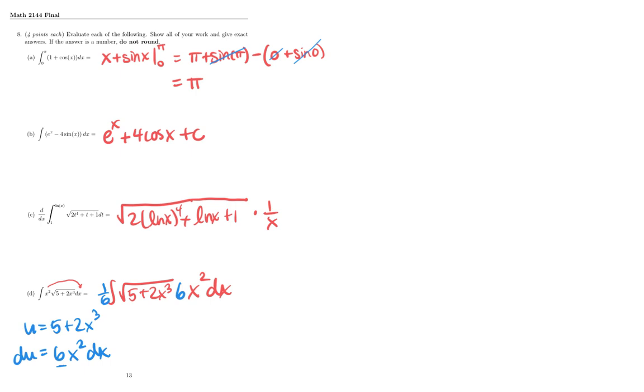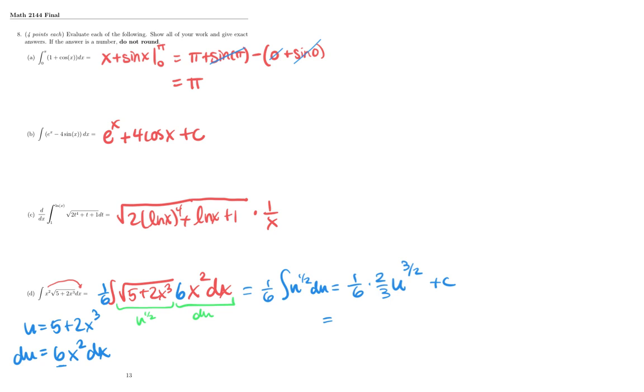And now I can see that I have everything I need. This is going to be u to the 1/2, and then this is my du. So 1/6 integral of u to the 1/2 du. An antiderivative of that will be 1/6 times u to the 3/2 times 2/3 plus c.